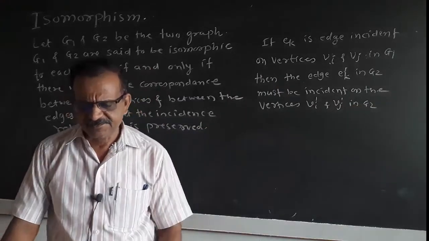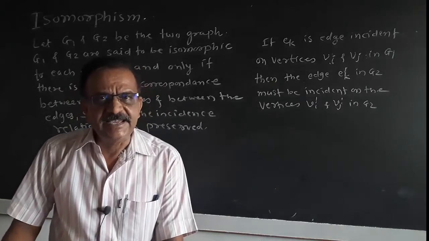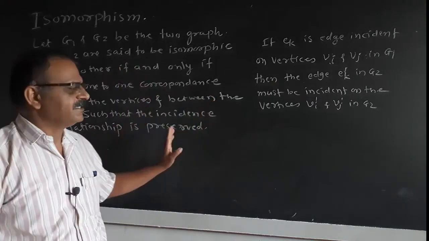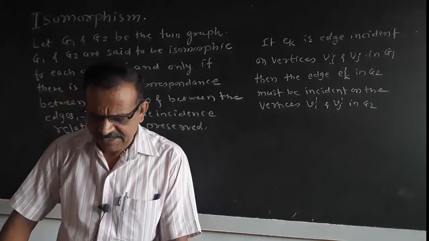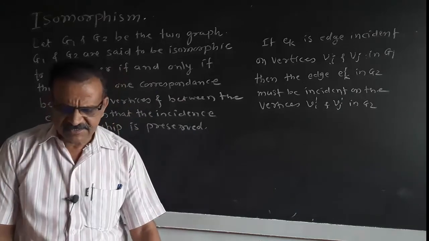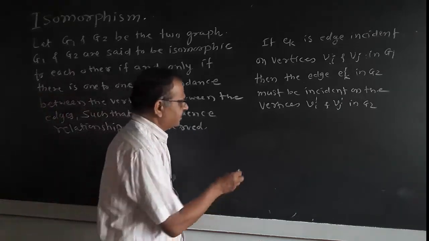If this happens, then the edge incidence relationship is preserved and the two graphs are isomorphic. We shall see two isomorphic graphs.